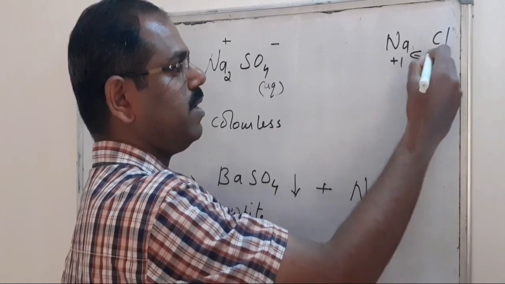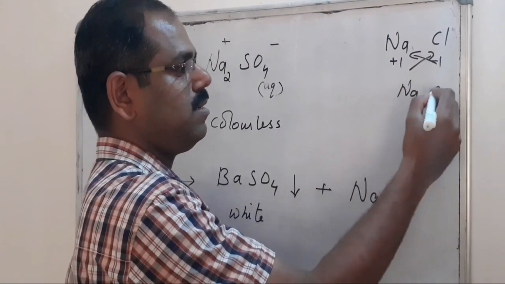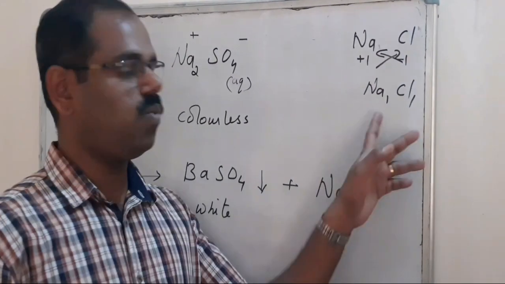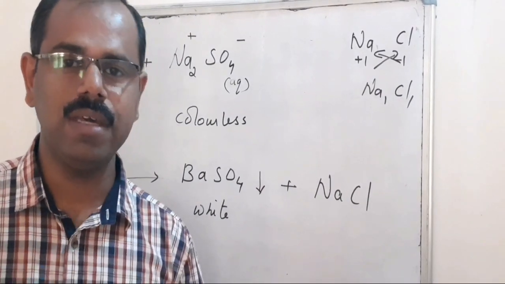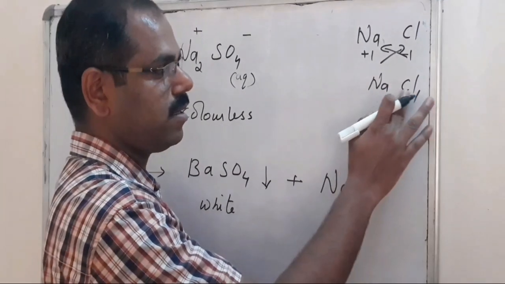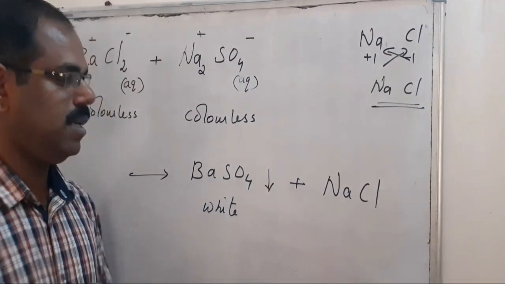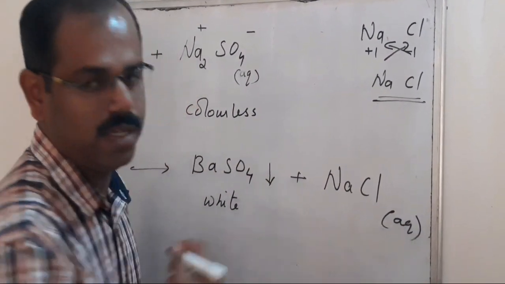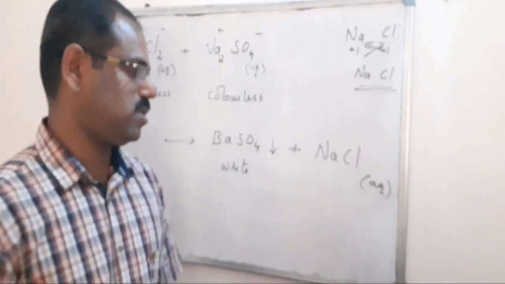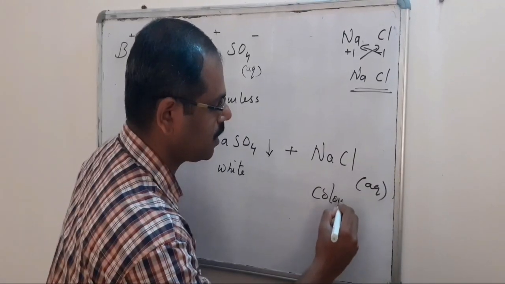The crisscross gives Na1Cl1, and if it is 1, we don't normally write the numerical one while writing the chemical formula. So NaCl, which is soluble in water, so it can be called aqueous and it is colorless.